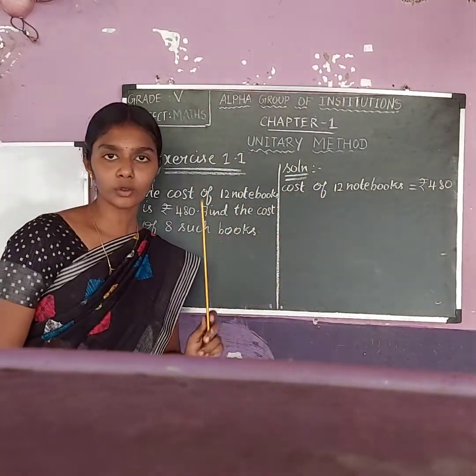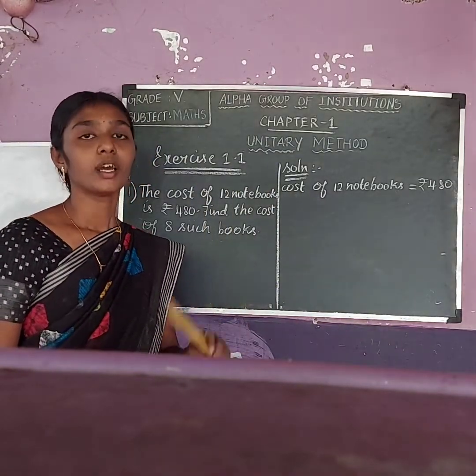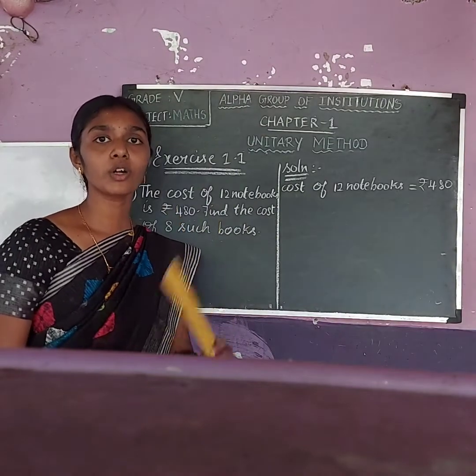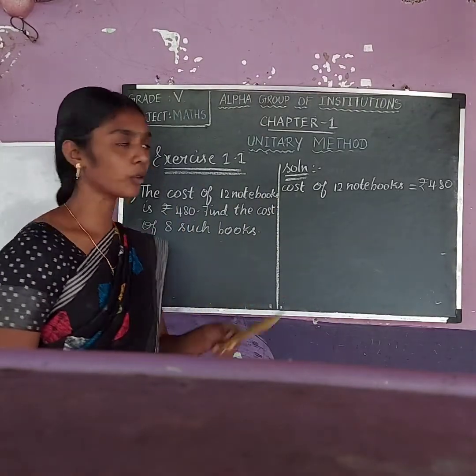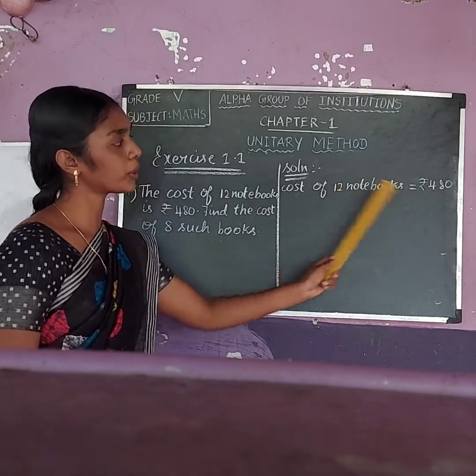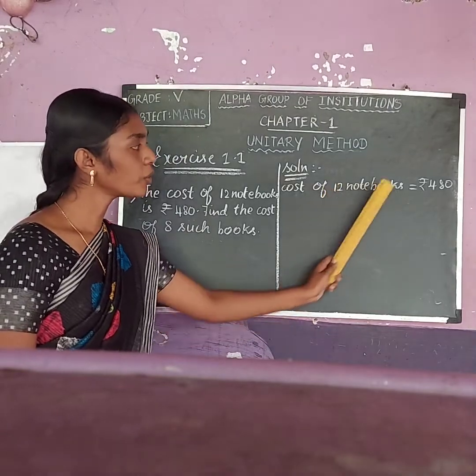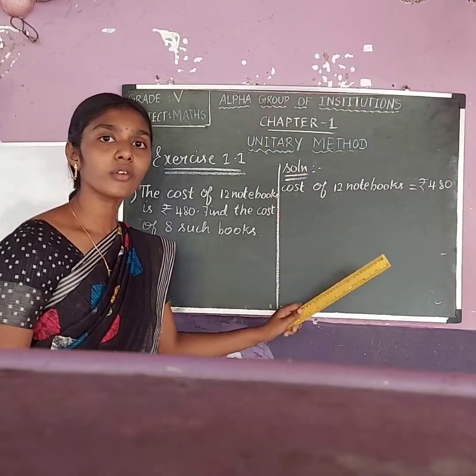If only a single unit is given and we want to find many units, we multiply. If many units are given and we want to find the single unit, we divide. So see here, this is not a unit because this is 12 notebooks, the price of 12 notebooks. So 12 is not a unit. So many units are given. So how will we find the single unit?